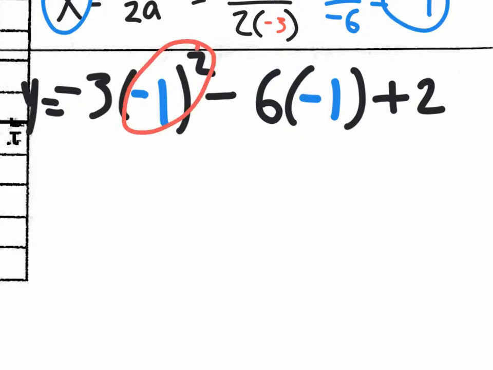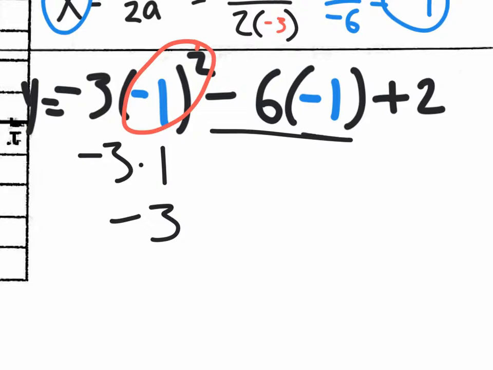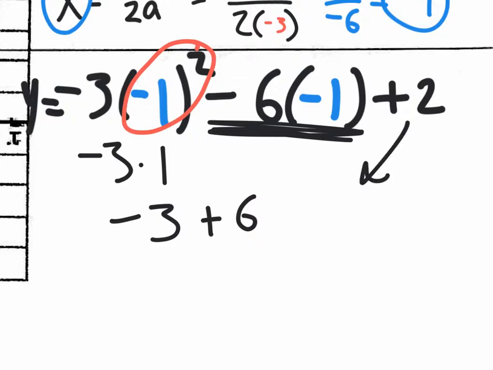That's +1. So you really have -3 times +1, that's going to be a -3, right? And then this -6 times this -1, what's that going to be? That's going to be +6, right? Let's bring down the +2 at the very end, which means that our final answer will be, anybody? 5. Thank you very much.